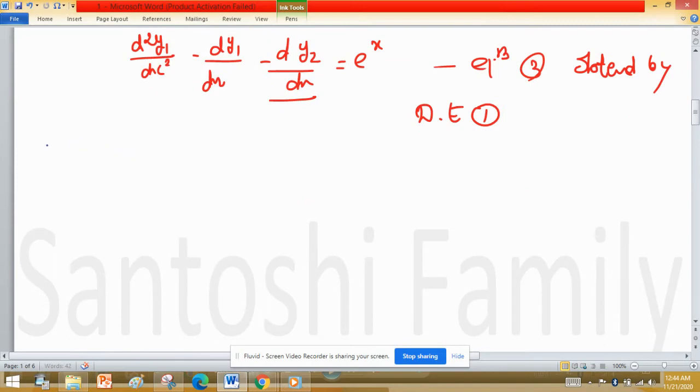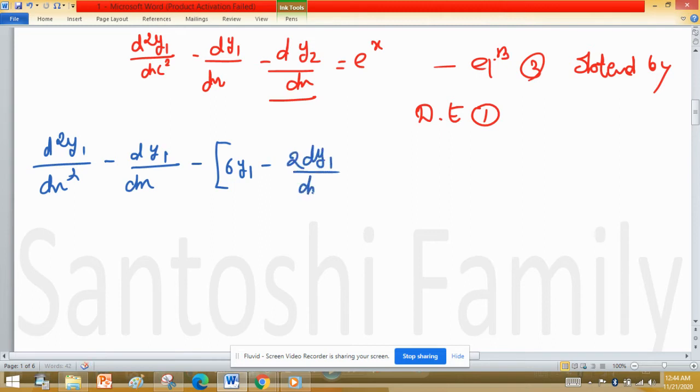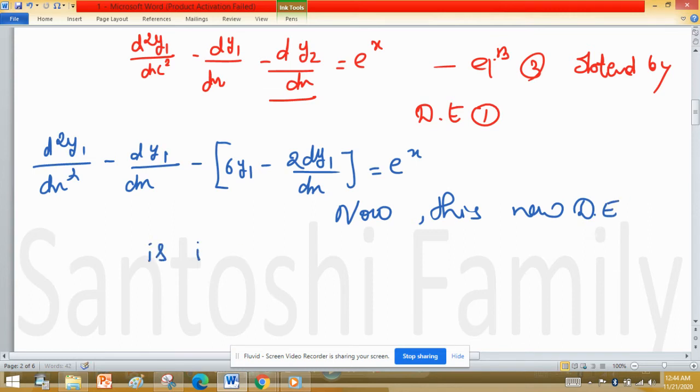So I put the value from equation 2 in this new differential equation: d2y1/dx2 - dy1/dx - (6y1 - 2 dy1/dx) = e^x. Now this new differential equation is in a single function and its differential coefficients.